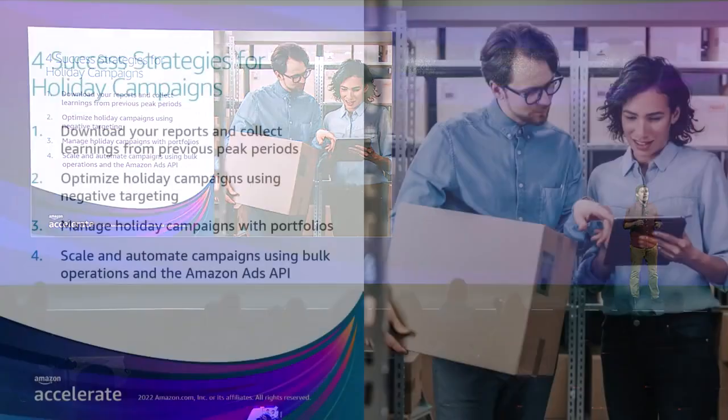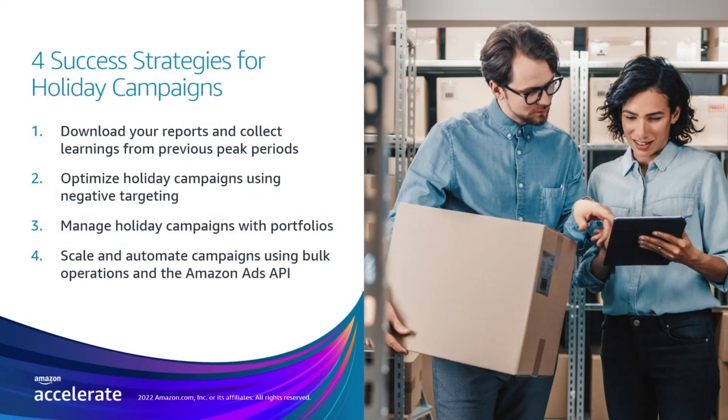We then explored how you can use negative targeting to efficiently optimize your campaigns. Before looking at how you can incorporate portfolios into your campaign management process to manage your holiday campaigns and automate campaign budgets. We ended with an in-depth look at bulk operations and the Amazon Ads API, two features that make managing and scaling your campaigns easier than ever.